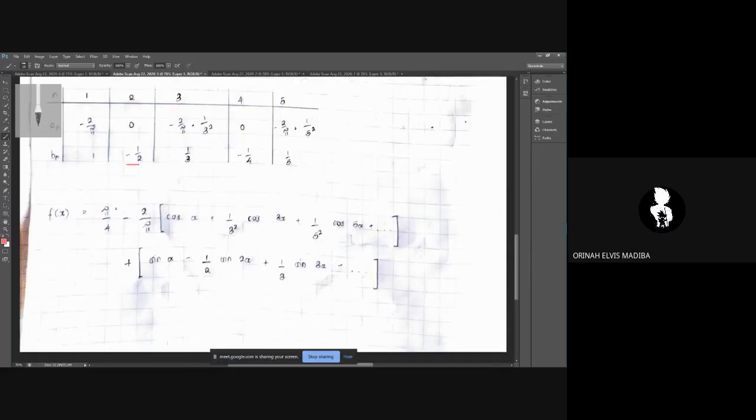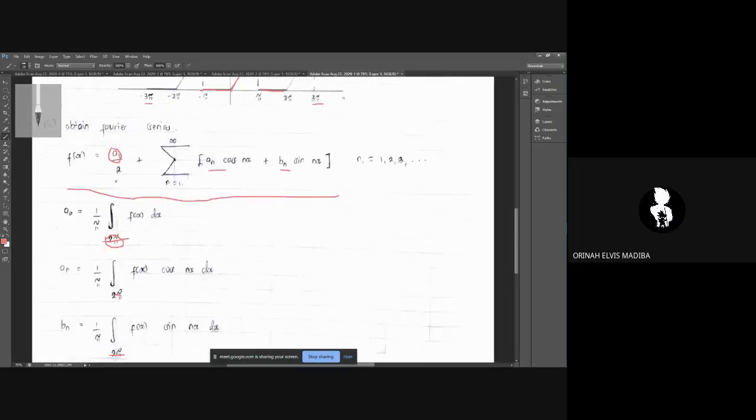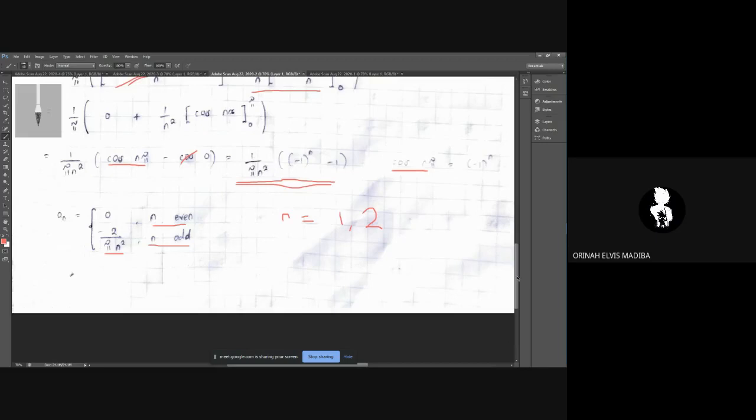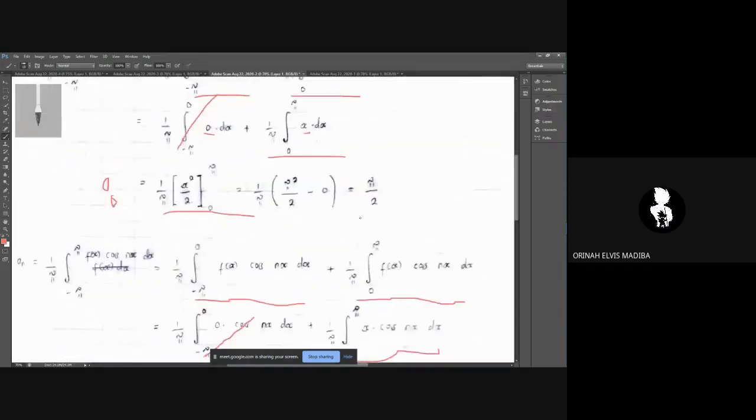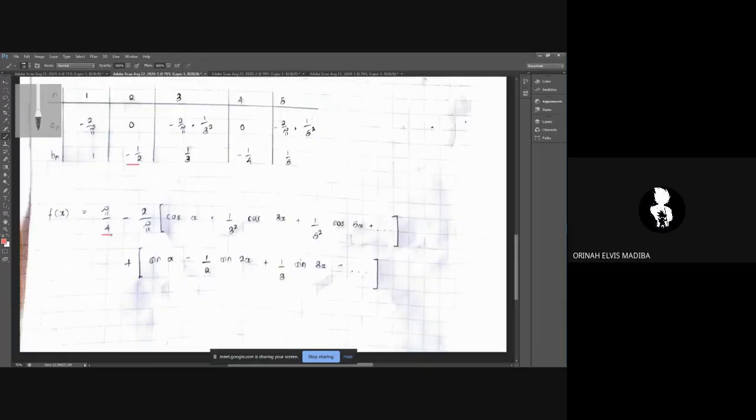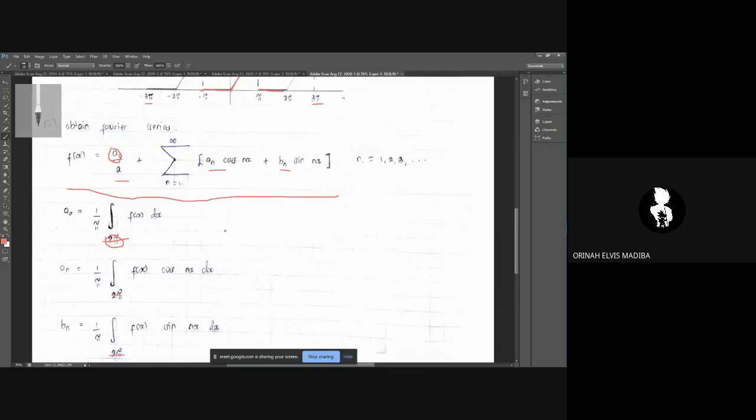We have a0 over 2, and we have our a0 as pi over 2. So we get pi over 4 as the first value, minus, for this part for an, we have this.